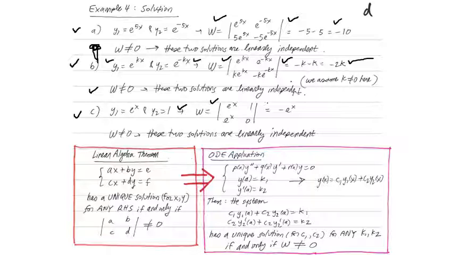Then we calculate that 2 by 2 determinant in the usual way and get minus e to the x, which is never 0. So our Wronskian is not 0, and our 2 solutions are linearly independent.